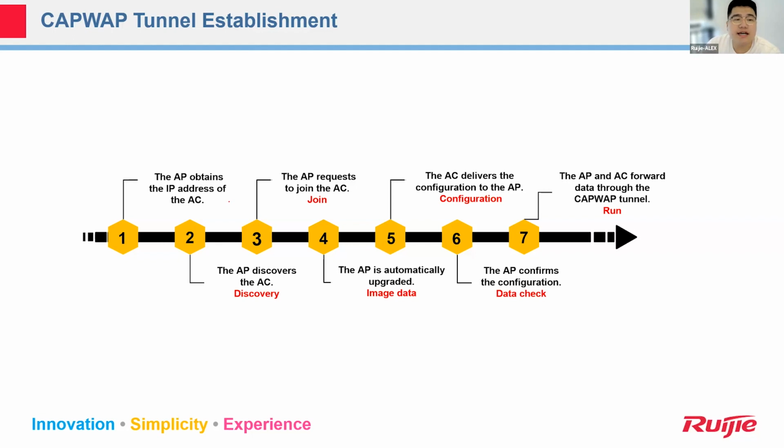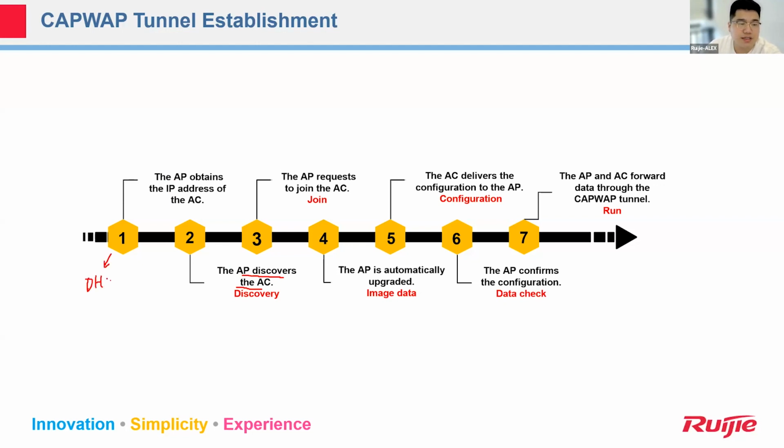Firstly, the AP should obtain the IP address of the AC, because to establish the tunnel, the AP and AC should communicate with each other, and to communicate, they should know the IP of each other. In the following steps, the AP discovers the AC. So firstly, the AP should know the address of the AC. And how does the AP know the IP address of the AC?